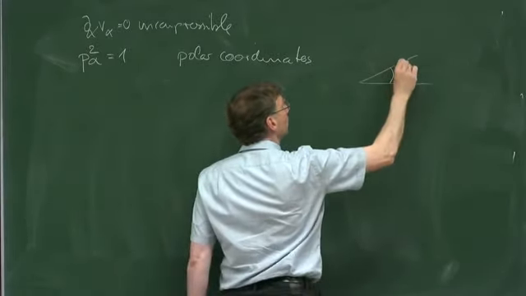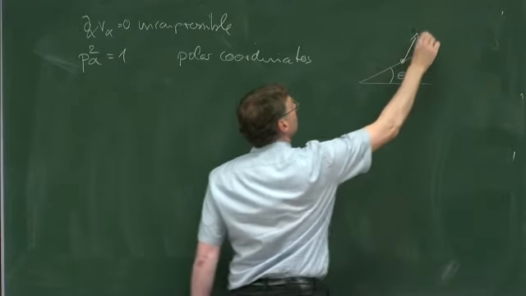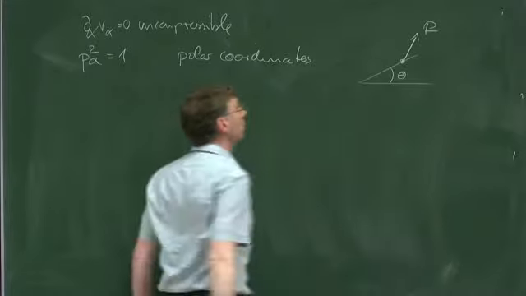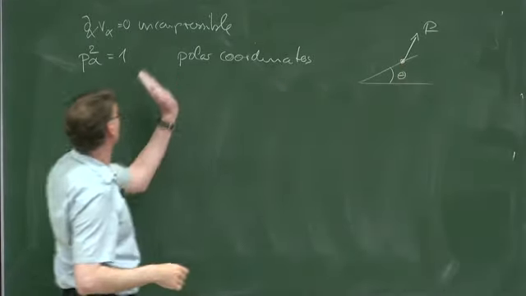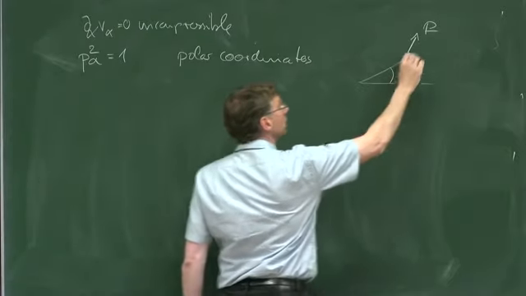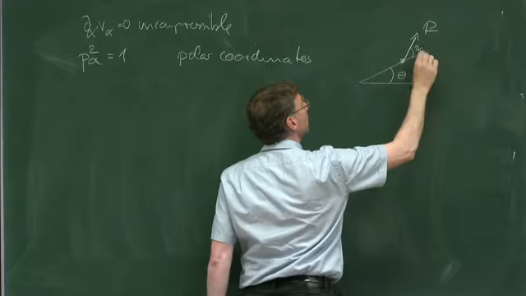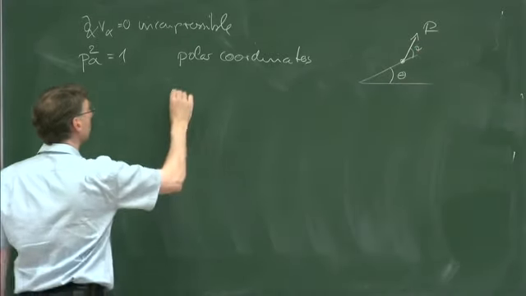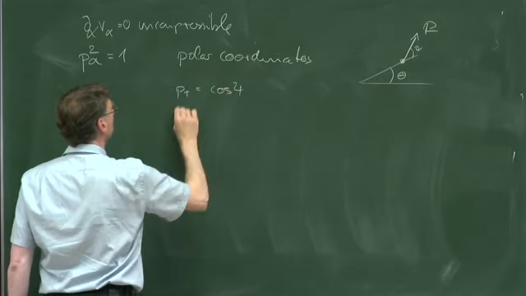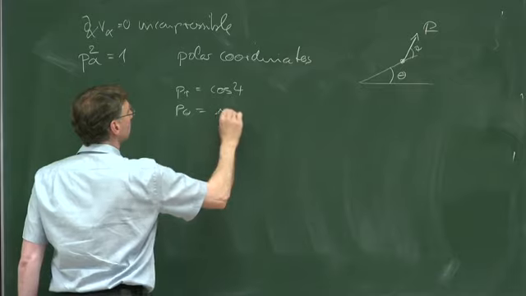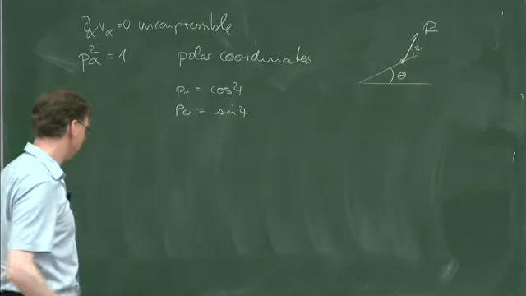If I look at the polarization vector P at this place, then since it has unit length, I can basically describe the position here by an angle psi. So P_r is just cosine psi, P_theta is sine psi.